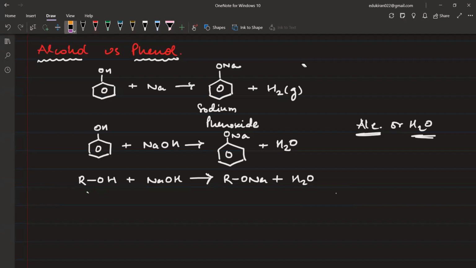Okay, so you will write this and then you will do a cross mark. Okay, first thing is that metal hydroxides do react with phenol, but they don't react with alcohol. So this is the first evidence that tells you that phenol is more acidic than alcohol.